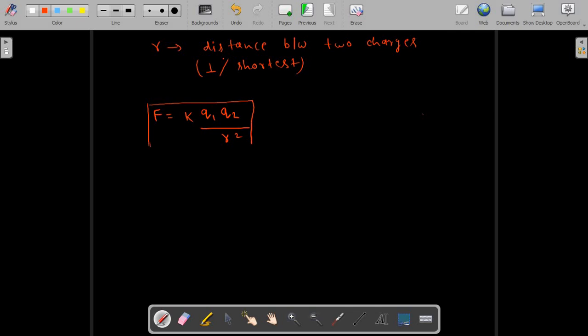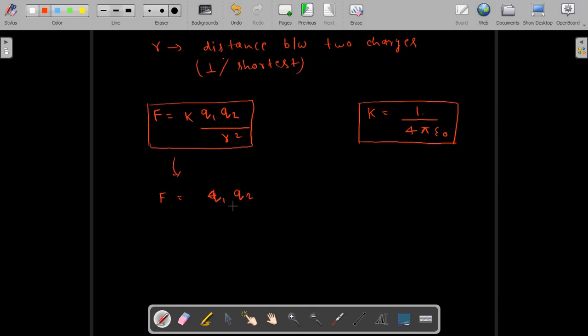K has some value. K is also called 1 over 4 pi epsilon naught. These variables I will discuss later. So you can write the force as F is equal to Q1 Q2 over 4 pi epsilon naught R square.